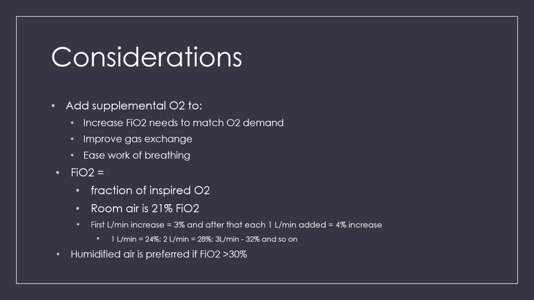So for example, if room air is 21%, adding 1 liter per minute makes it 24%. 2 liters then goes up by 4 at 28 and 3 liters per minute at 32, and so on and so on. Keep in mind that humidified air is preferred if FiO2 is above 30%, simply because it dries out the airway passages.